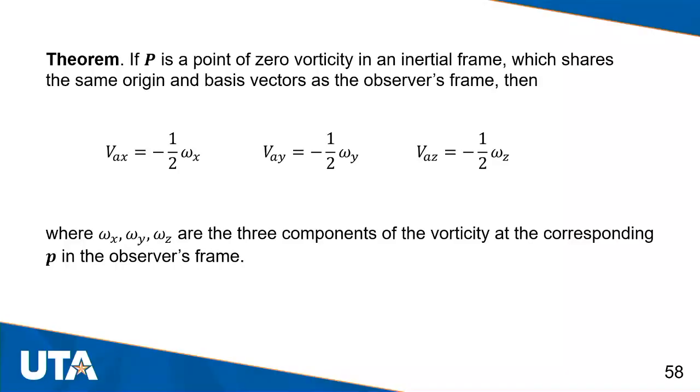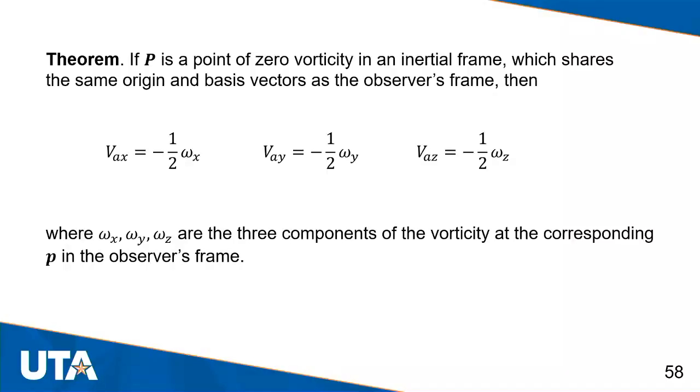Then times negative 1/2, and the result is the observer's angular velocity in the inertial frame. Then we can find the velocity gradient in the inertial frame.